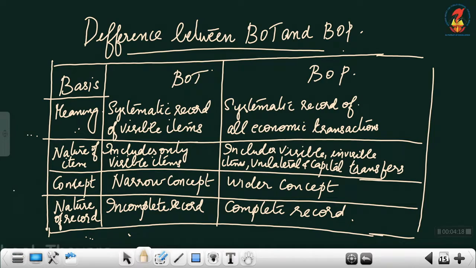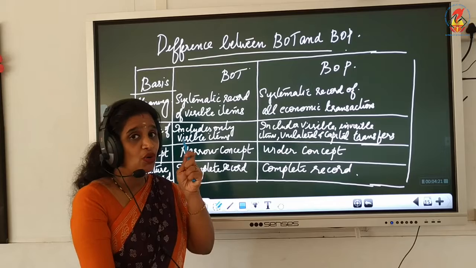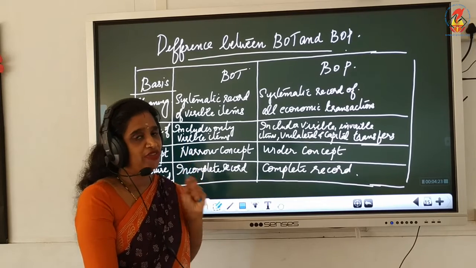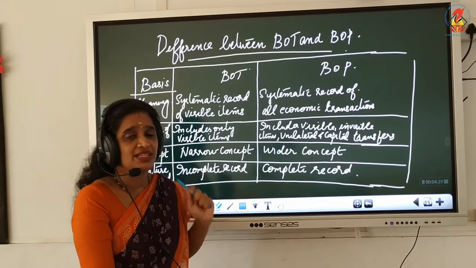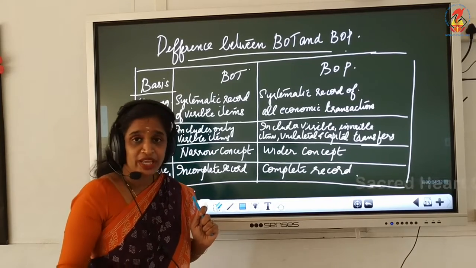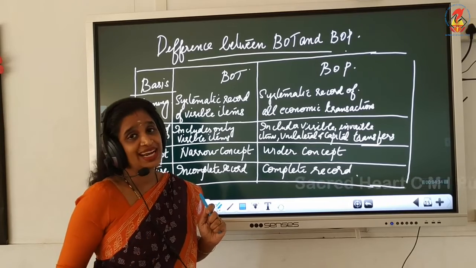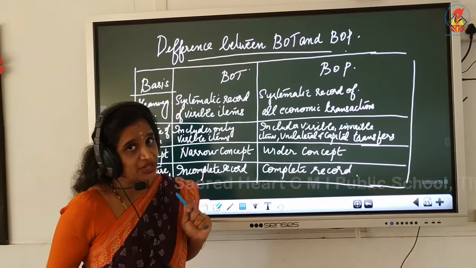So once again, for your clear understanding, balance of trade includes only the first component of balance of payment, that is visible items. Whereas the balance of payment includes visible items, invisible items, unilateral transfers and capital transfers. I hope it is clear to you.